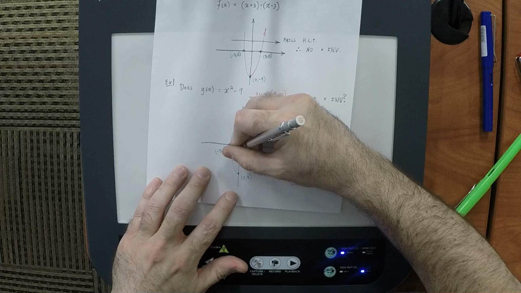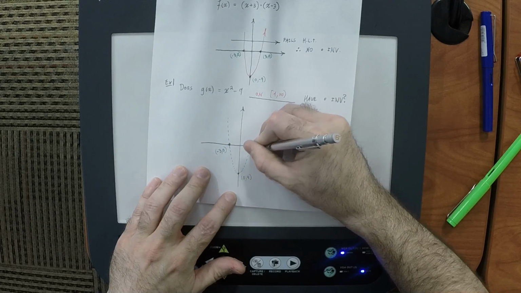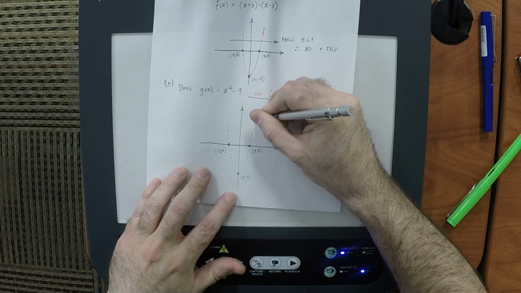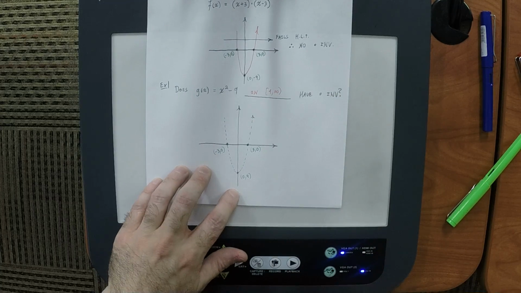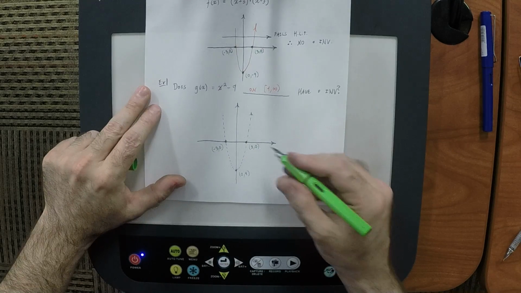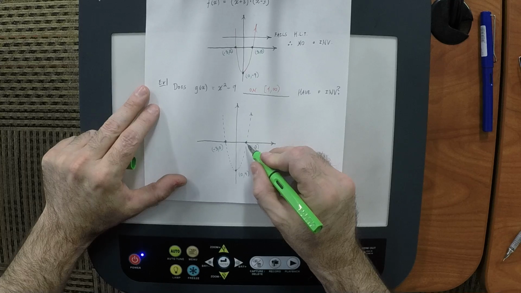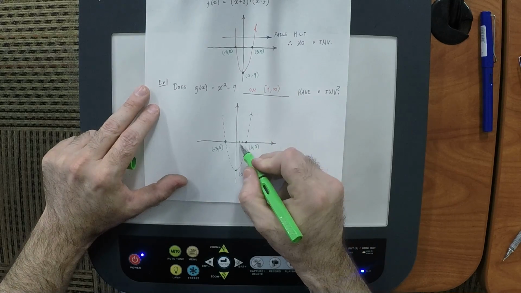This is not g. This is f. g is just part of that. What part is it? So if that's x is 3, then this would be x is 2, and that'd be x is 1-ish right there.